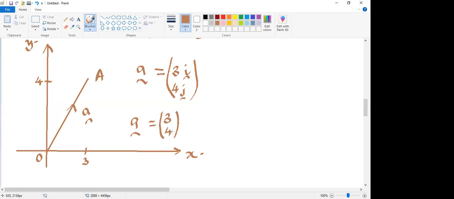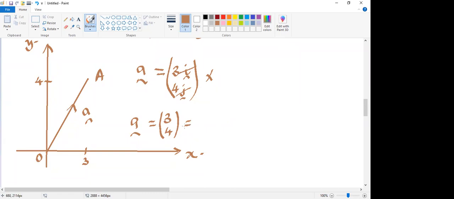When we represent it as a column, we are not writing the I, we are not writing the J. That is not column vector. When we write the column vector, it is 3, 4. And now you can write this again using the I and J format.